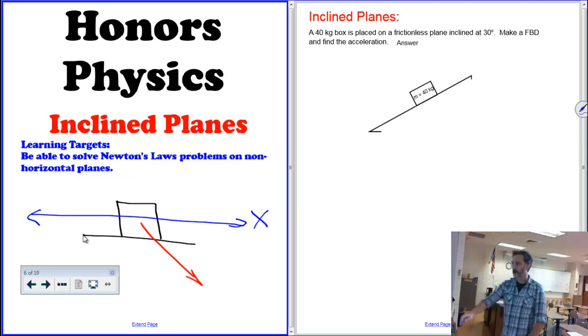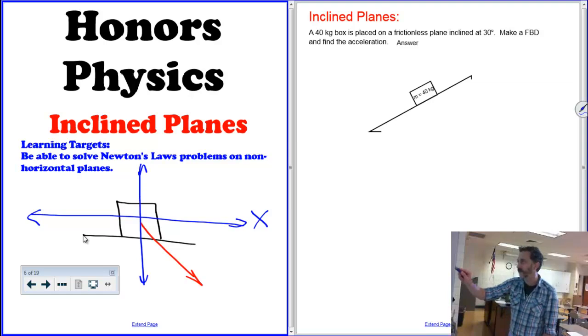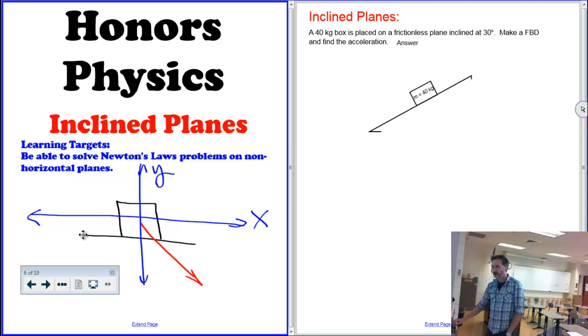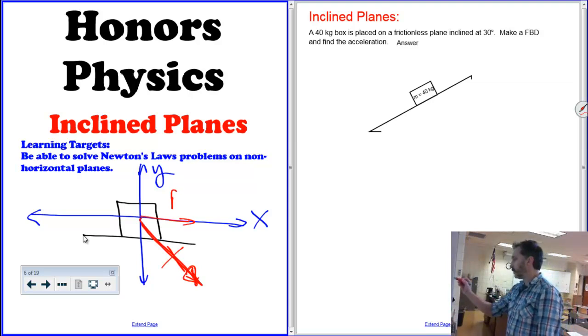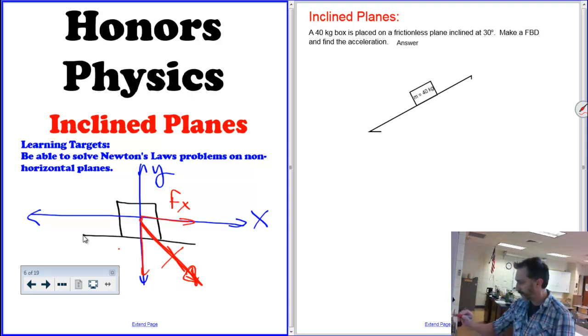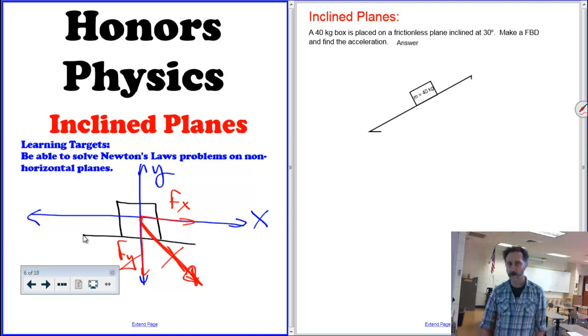In most of these problems, there is no motion along the y-axis. But this force didn't lie along either the x or the y-axis, so we replaced it with an x component and a y component, and that way all of our forces lie along our axes.